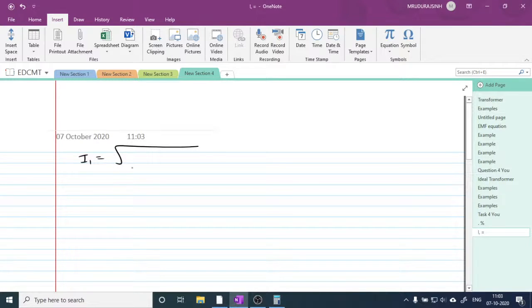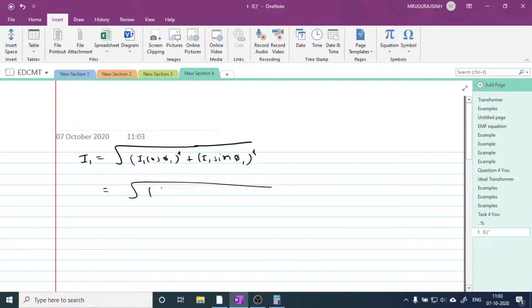I1 will be the under root of I1 cos phi 1 square plus I1 sin phi 1 square. So I1 cos phi 1 is 14.38 square plus I1 sin phi 1 is 13.13 square.